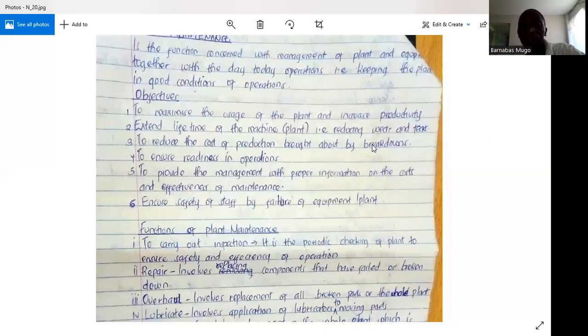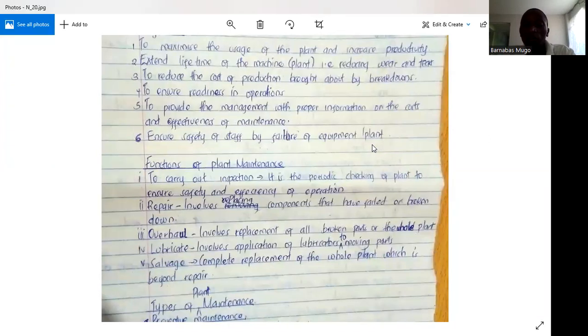There are five main functions of plant maintenance. And remember, we have said that plant maintenance is a function of managing the plant so that it can be used effectively, so that it can be used anytime that we require it for any assignment.